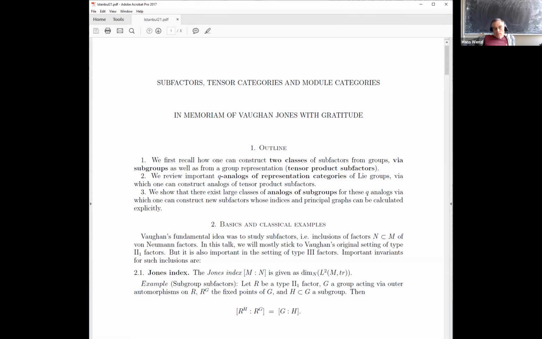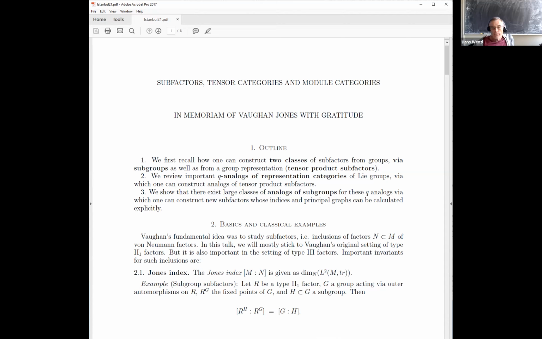For the tensor product type subfactors, in the context of q-analogs of Lie groups, the problem has been solved 20 years ago or more. But what's still unsolved are analogs of subgroups for these special types of categories. And that's what I want to talk about.